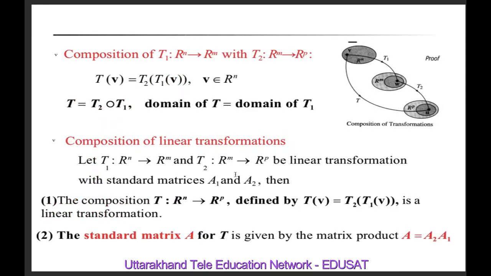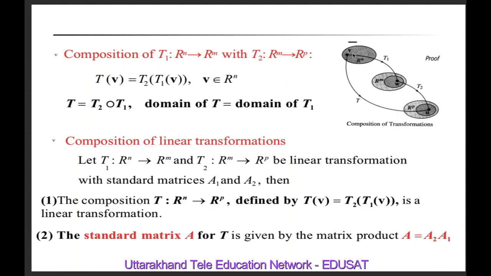Now composition of two transformations. If T1 is a transformation from a real n-dimensional vector space to an m-dimensional vector space, and T2 is a transformation from the m-dimensional vector space to a p-dimensional vector space, then T(v) is equal to T2 of T1(v), where v belongs to R^n.